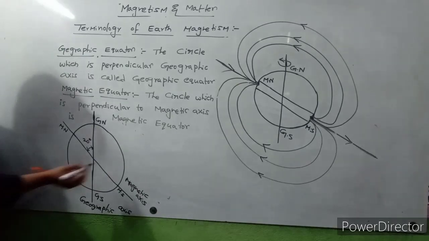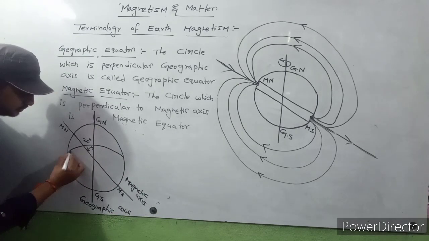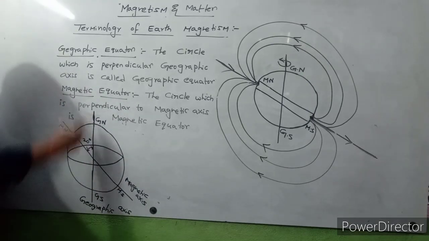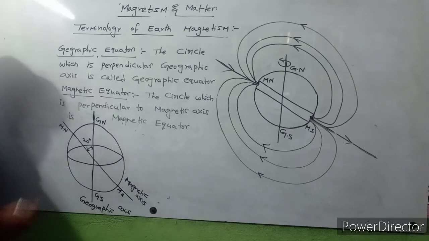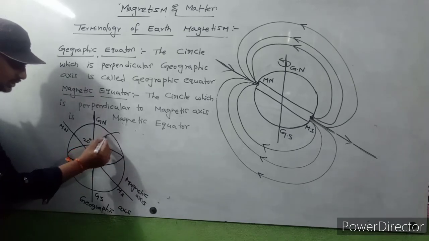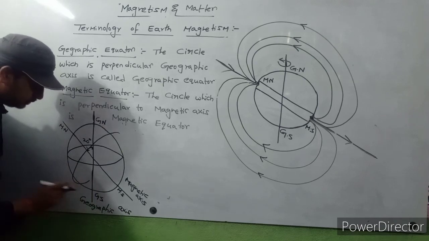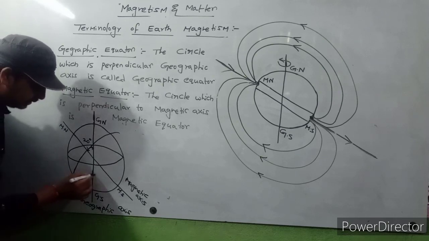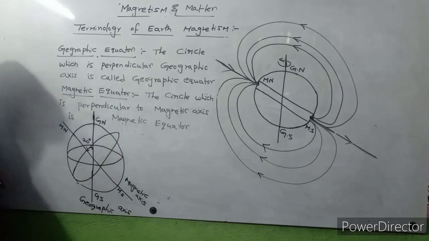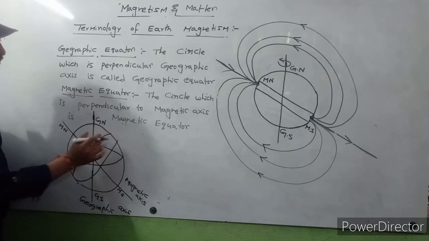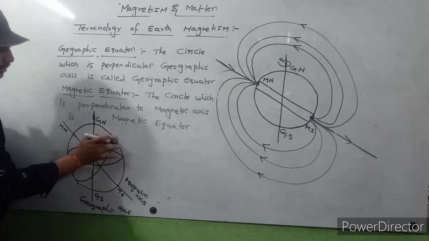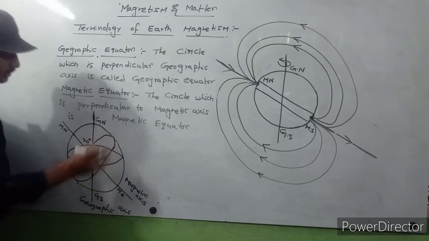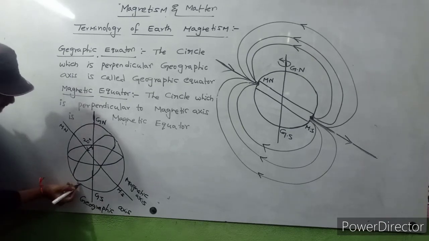Okay, now the circle which is perpendicular to the geographic axis is called the geographic equator. The circle which is perpendicular to the magnetic axis is called the magnetic equator.